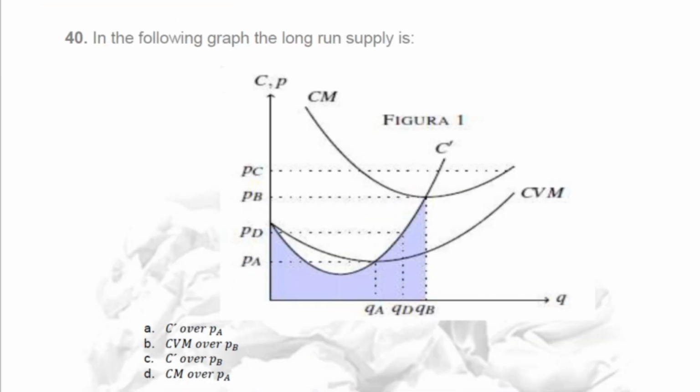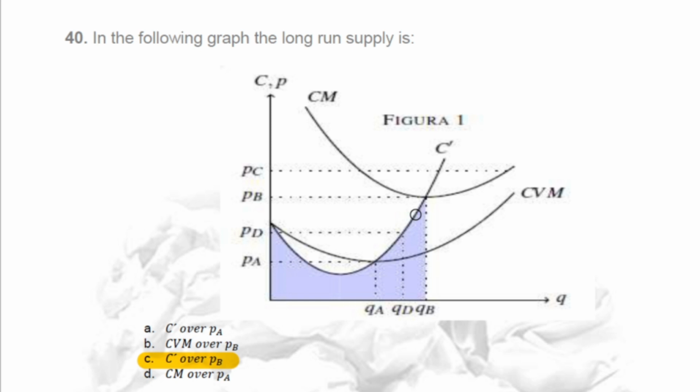And then, the following graph, the long run supply would be price equal to marginal cost, but from PV, so it would be C. Because if we have a long run decision, we wouldn't produce if we see prices below PV because we lose money, and we don't open a firm.